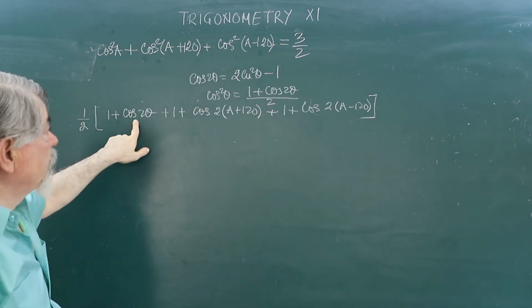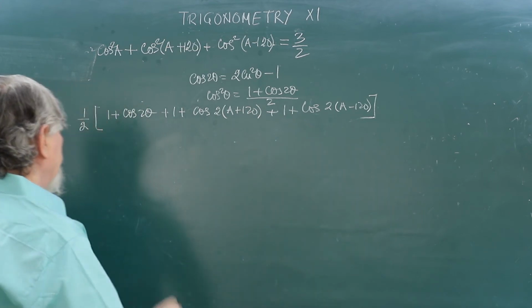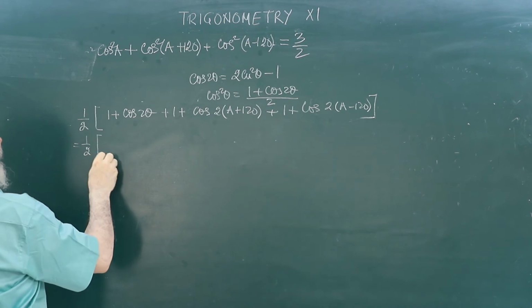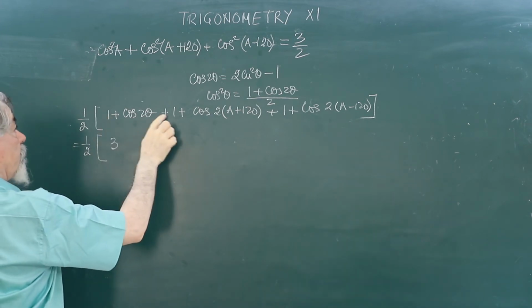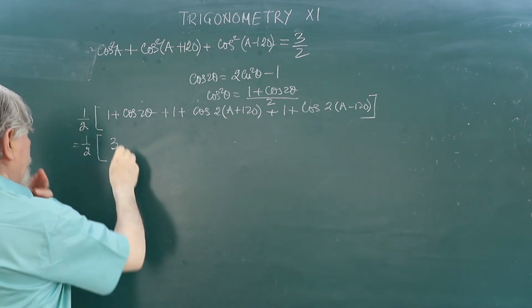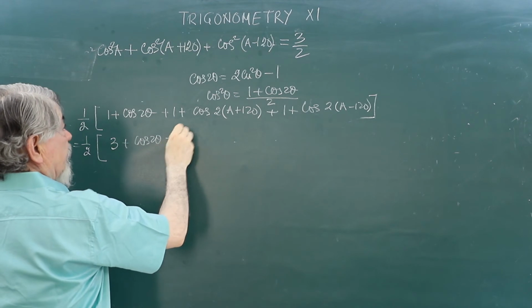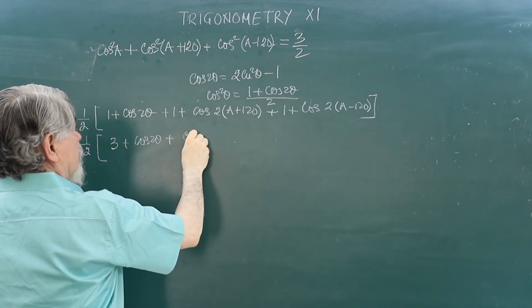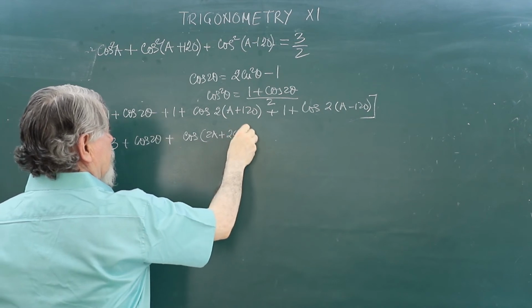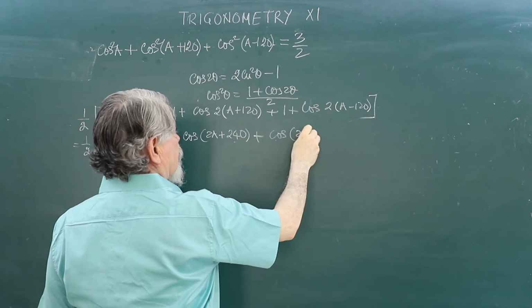Now 1 plus 1 plus 1 will come out to be 3. Now plus cos 2A, and this will become cos 2A plus 240 plus cos 2A minus 240.